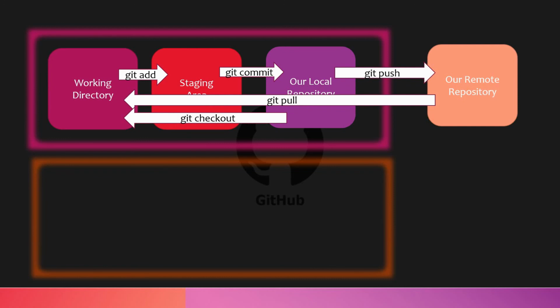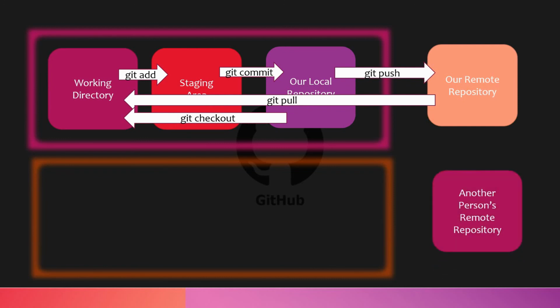Next, if there is another person's computer or a teammate's computer and we want their data in our remote repository, we have to fork it. Inside the remote repository we pull to a working directory, make other changes, git add, commit, then push to our remote repository. Then if we want our data to be included in the other person's remote repository, we have to make a pull request.